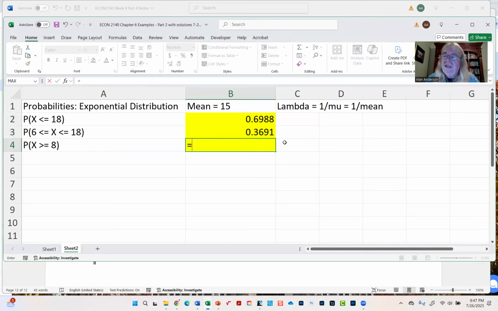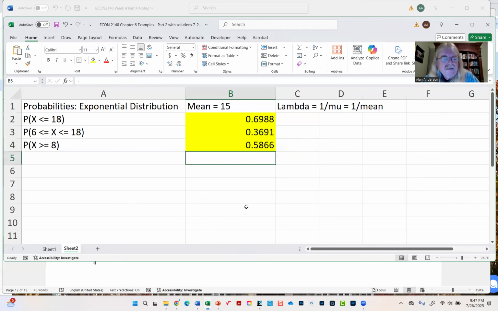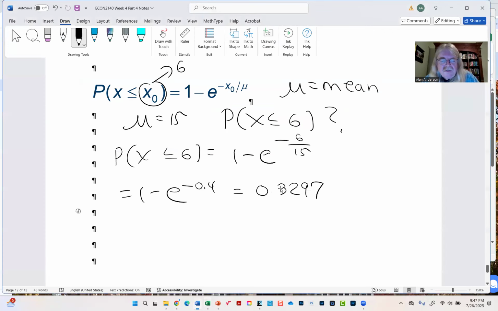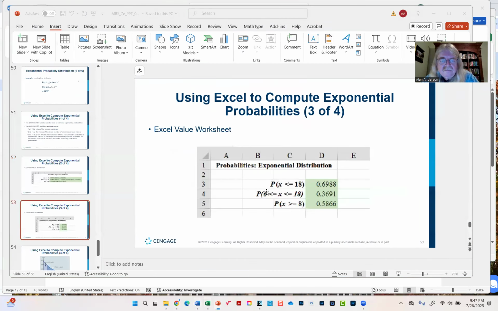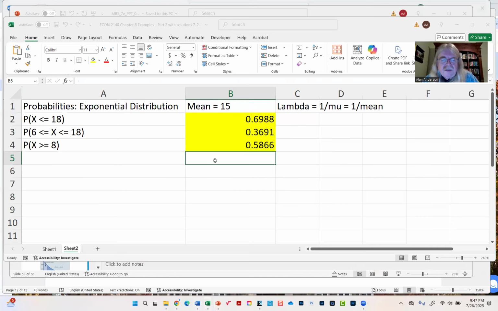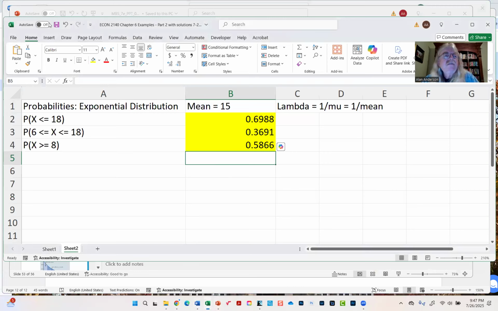And then finally, greater than 8, that means 1 minus EXPON.DIST, 8 and 1 over 15, 1. Okay, so that lines up with theirs. 4 places, and we are all set.